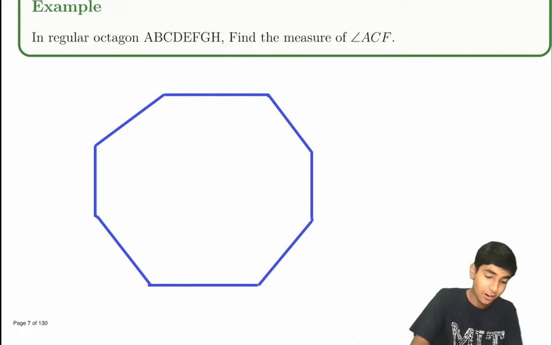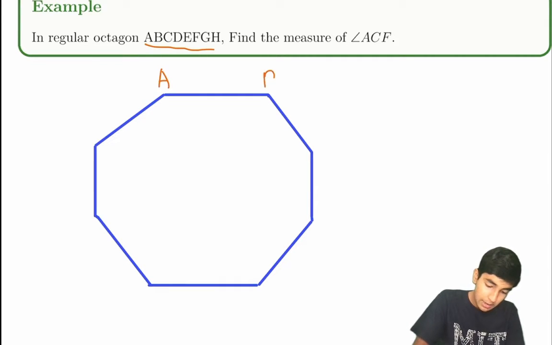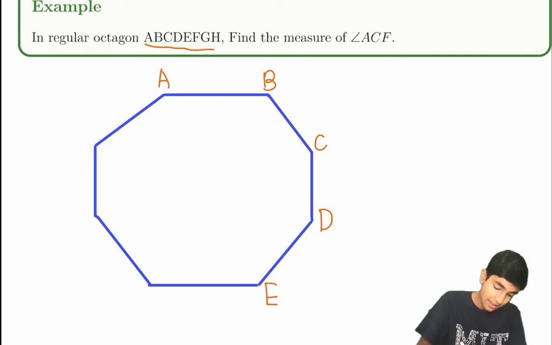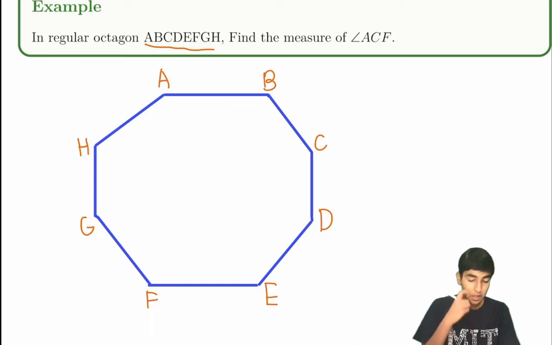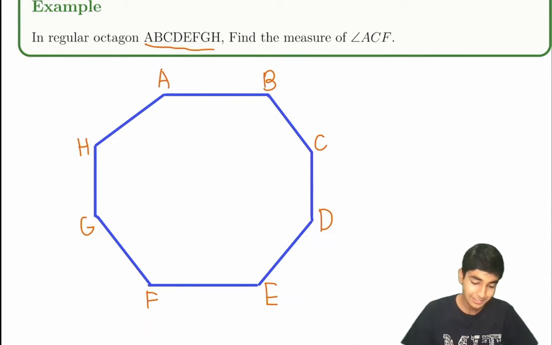And it's a regular octagon, so let's label it A, B, C, D, E, F, G, H. Find the measure of angle ACF.